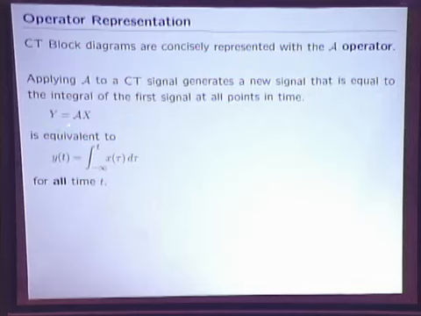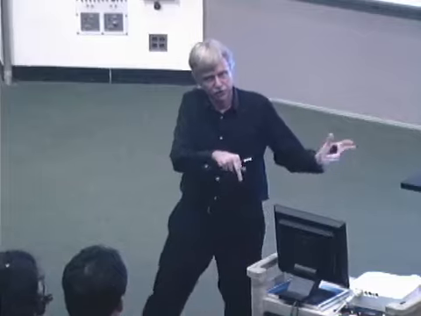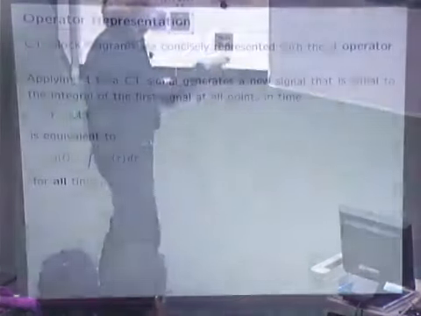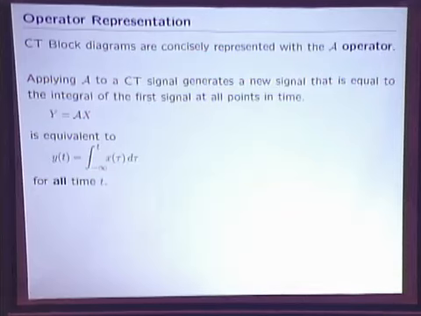So the A operator is going to be like the R operator. You'd apply the R operator to a discrete time signal to generate a new discrete time signal that was shifted to the right. That's what R meant: R was right, so right shift operator. Here, you'll apply the A operator to the X signal. X is now CT, continuous time.